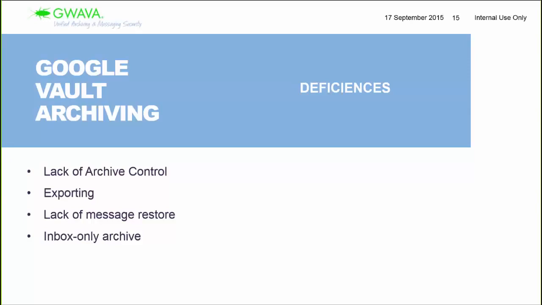Next, there's a big thing with exporting. I know we can't raise hands here, but how many of you use Mbox? I would imagine that nobody uses the Mbox format. That's a proprietary format from Google, and the problem with it is, if you need to export from your archive and give that to legal, as an example, is your legal team going to be able to interpret what an Mbox format is?